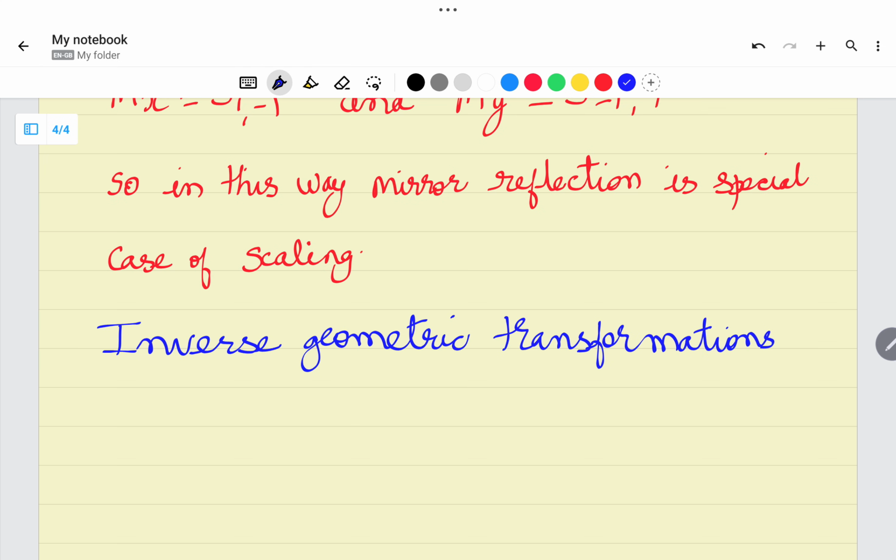Each geometric transformation has an inverse, which is described by the opposite operation performed by the transformation.